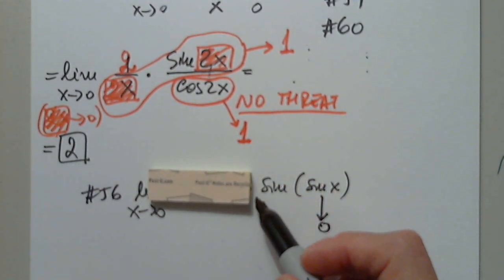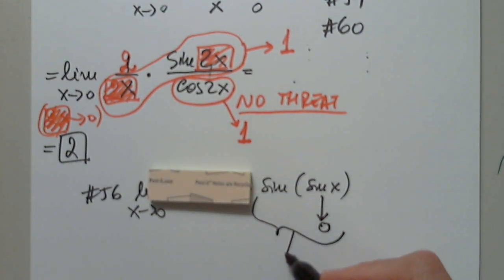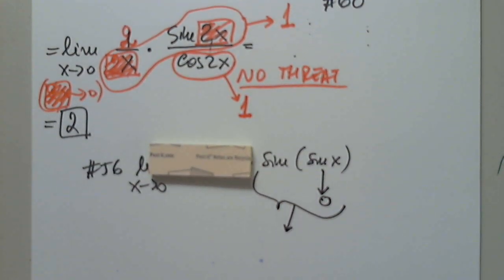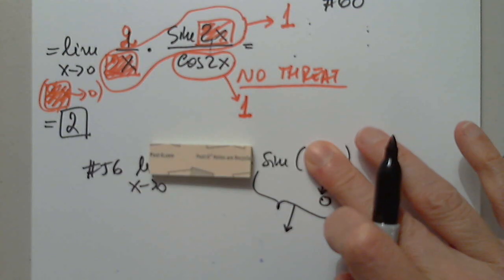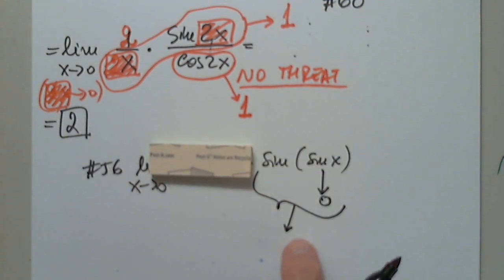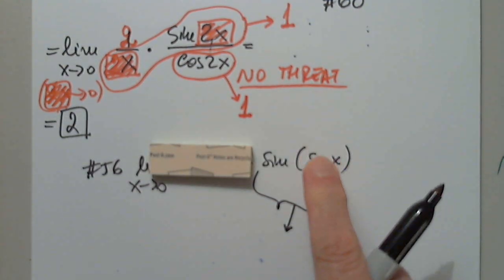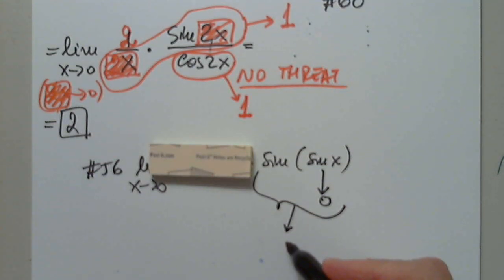Now I need to determine sine 0 again. Where is this going? When this approaches 0, sine 0 approaches 0. Of course, it's the same thing.